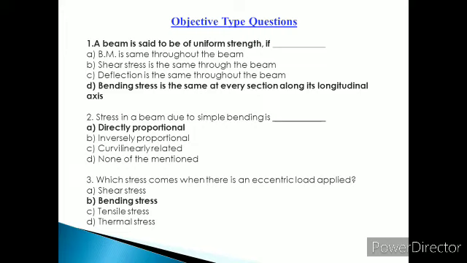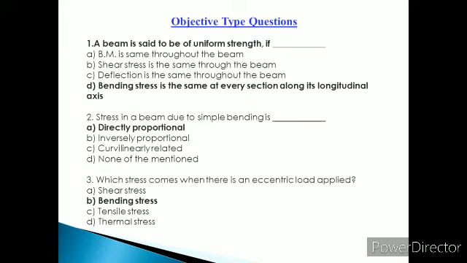These are some of the objective type questions based on the lecture. First one: a beam is said to be of uniform strength if the bending stress is the same at every section along its longitudinal axis. The options are: bending moment is the same throughout the beam, shear stress is the same throughout the beam, deflection is the same throughout the beam, and the fourth one is the answer.